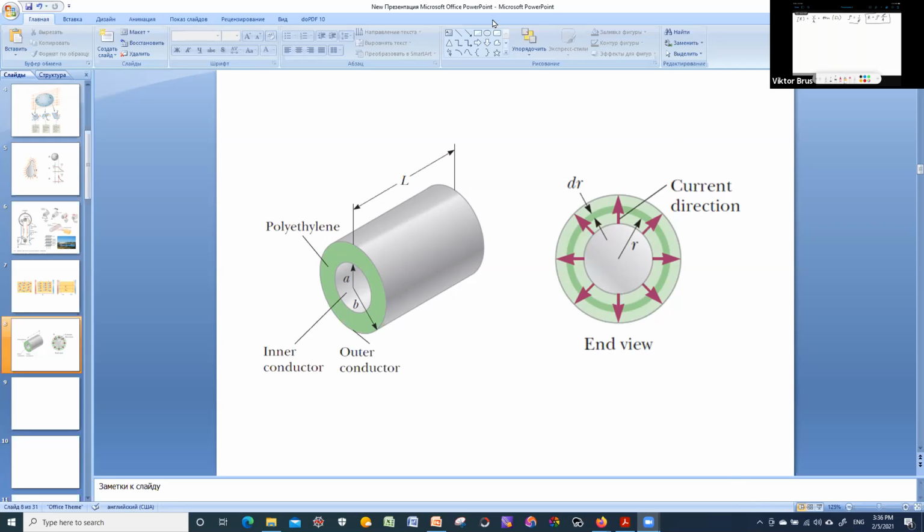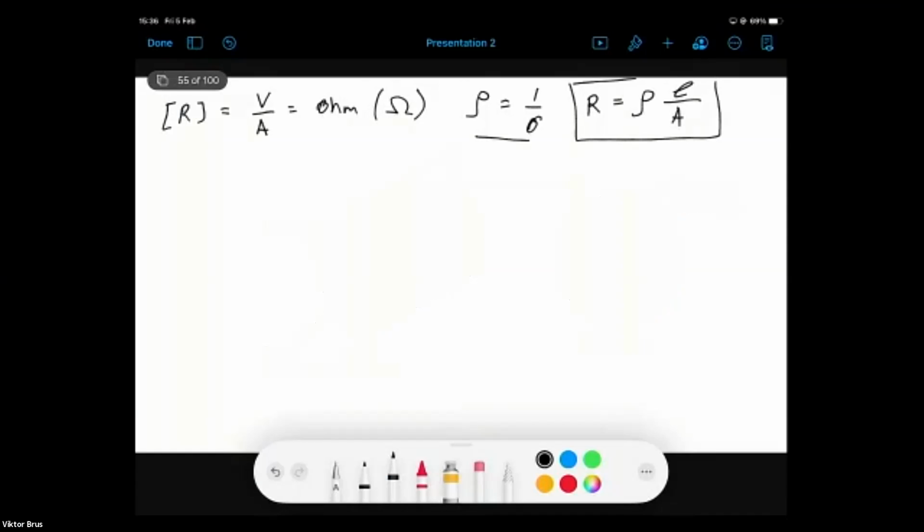So coming back to the slide, let us now carry out these calculations. We know the specific resistance, radius of the internal hole in this cylinder, radius of the cylinder, and also length of this cylinder.